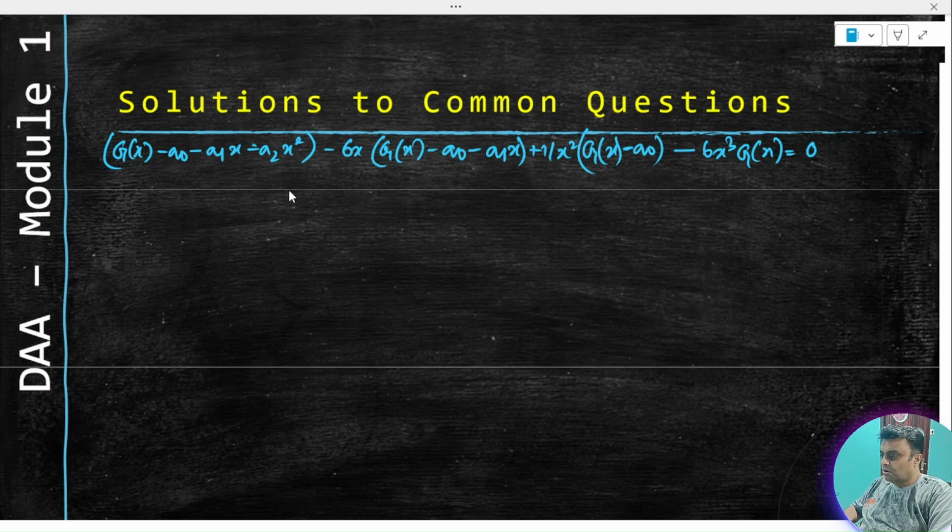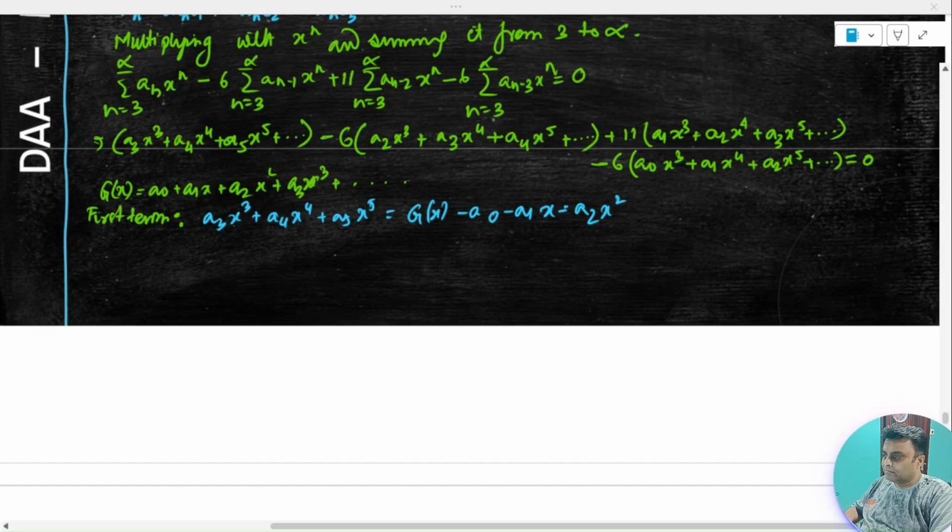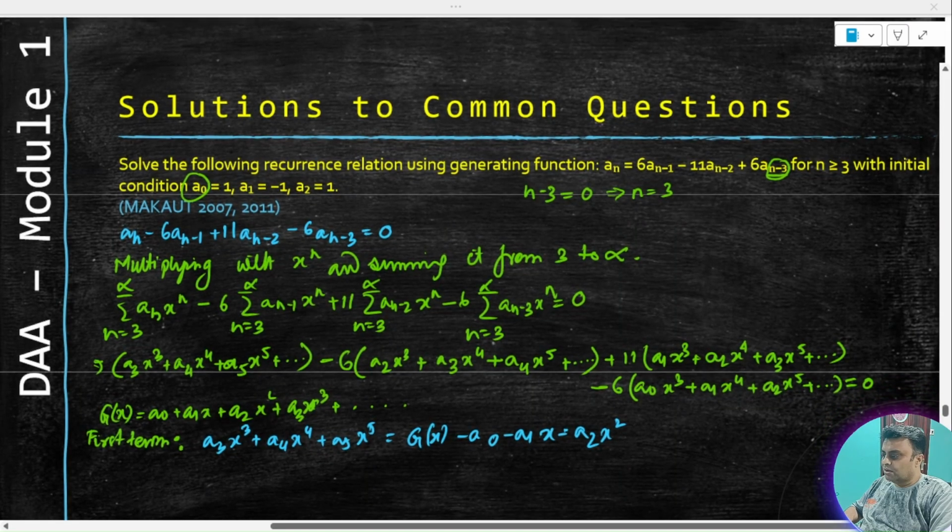Now we already know what the values of a0, a1, etc. are, right? So if you see here, a0 is 1, a1 is minus 1, a2 is 1.